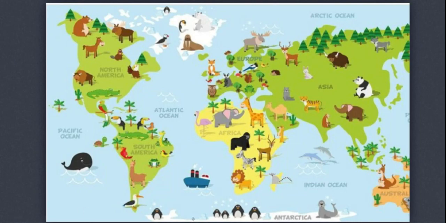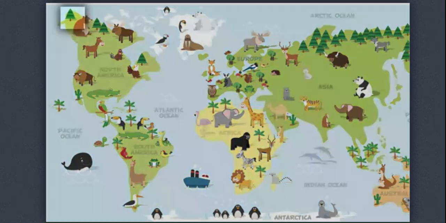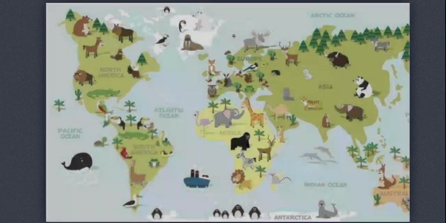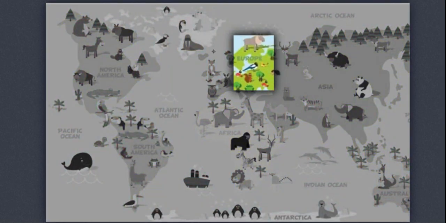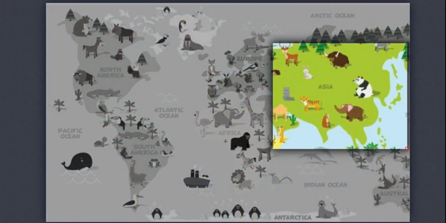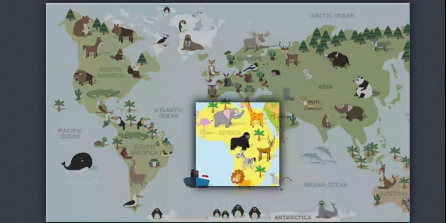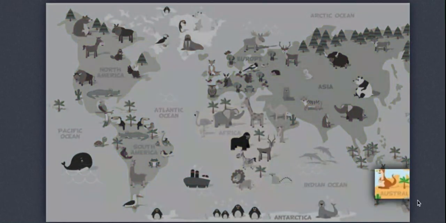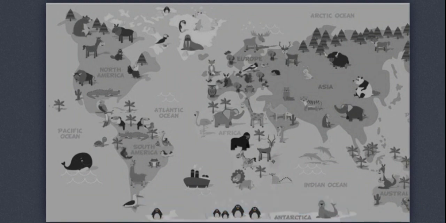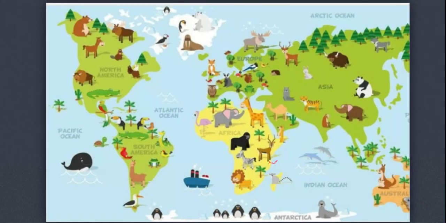So that's it for all our continents. We did North America, we did South America, we did Europe. Sorry, I couldn't underline all of that. Europe, we did Asia, we did Africa, we did Australia, and then we did Antarctica. And you guys also learned that the world is round, right?